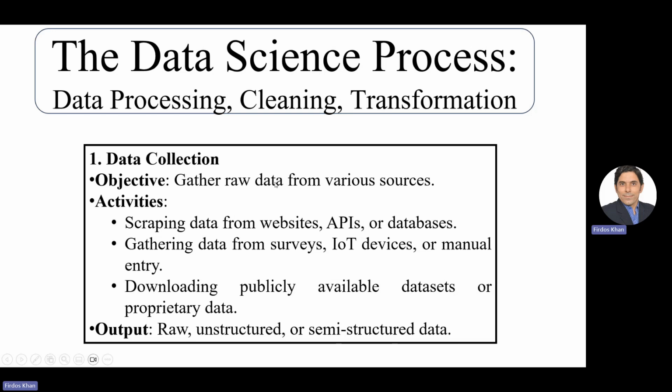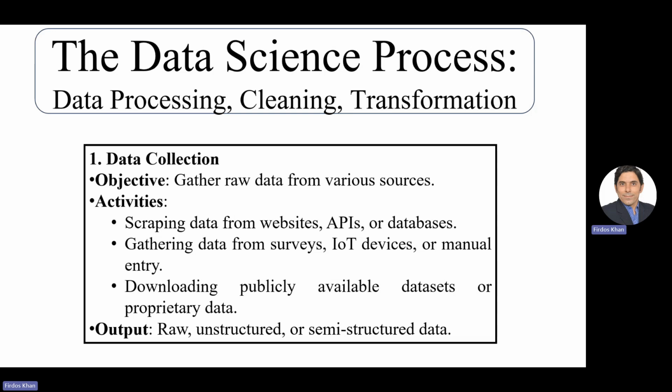The objective is to gather raw data from various sources, and the sources are mentioned here, like scraping data from websites, APIs and databases, gathering data from surveys, which we have talked about already, Internet of Things (IoT) devices, and manual entry.